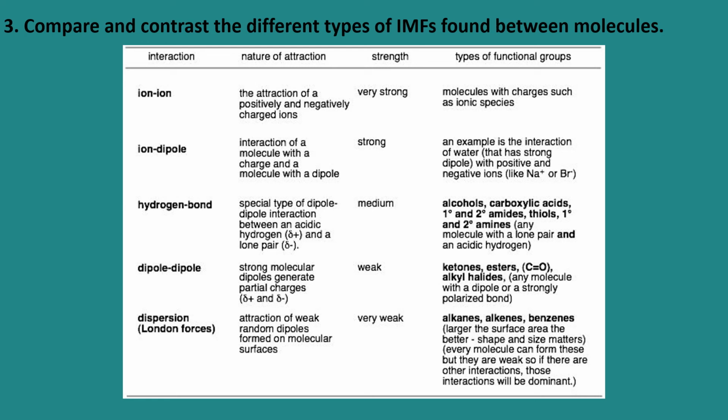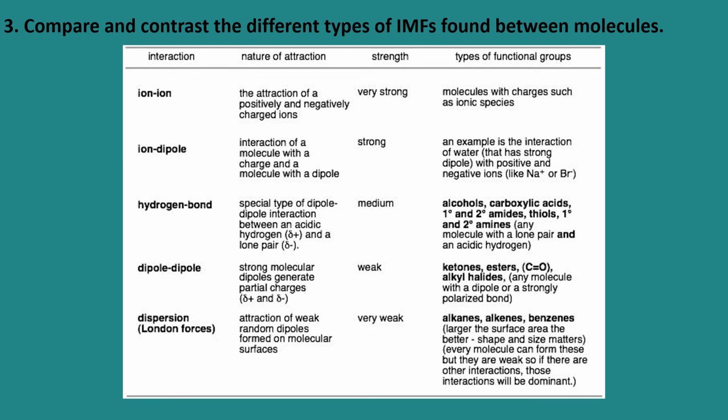As was said earlier, London forces or dispersion forces exist in all molecules, but they are very weak. That's why they can be dominated by other types of intermolecular forces. But to emphasize here, ion-ion is not an intermolecular force since it can be considered an intramolecular force.